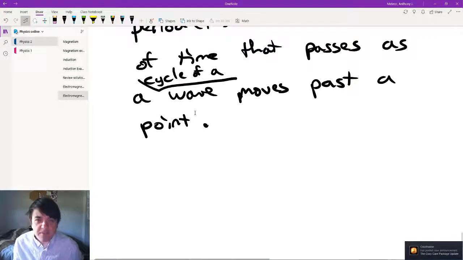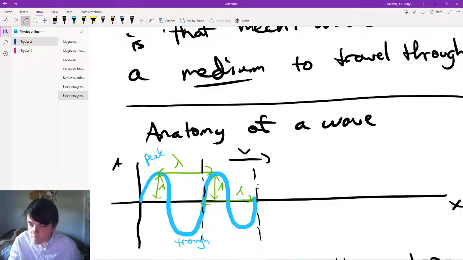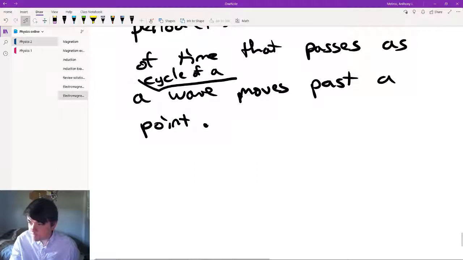Okay, so how much time does it take for one cycle to move past this point? Okay, that's a period.